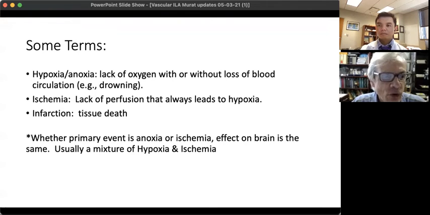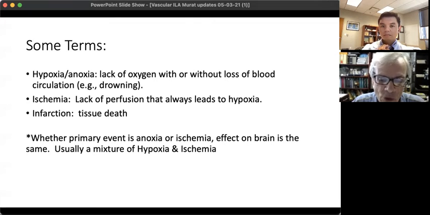And when we talk about ischemia or anemia, now we are talking about perfusion. So obviously when there is ischemia, since there will be no blood coming into the environment, there will necessarily be hypoxia. But you can have a lot of blood rushing in, and you may not have enough oxygen. And the result for the tissue is the same.